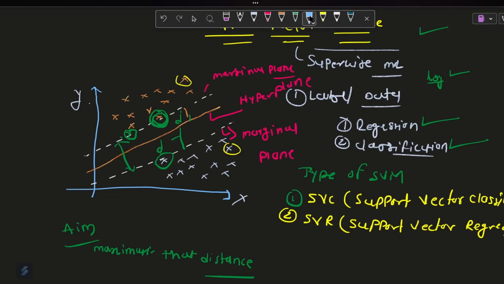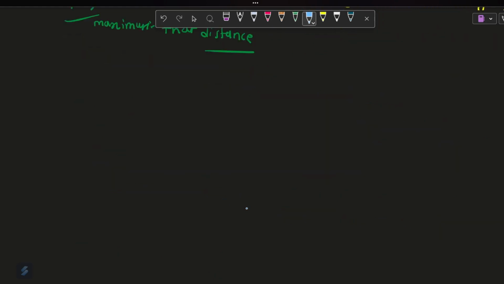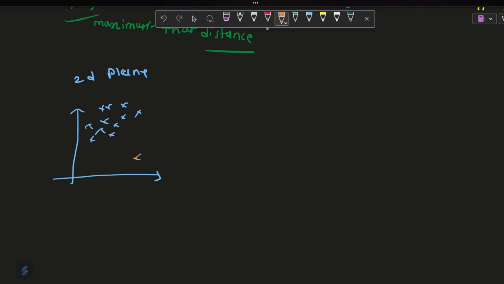One more thing to understand: for a 2D plane, you simply draw a line, with some data points, and draw a hyperplane and marginal planes.